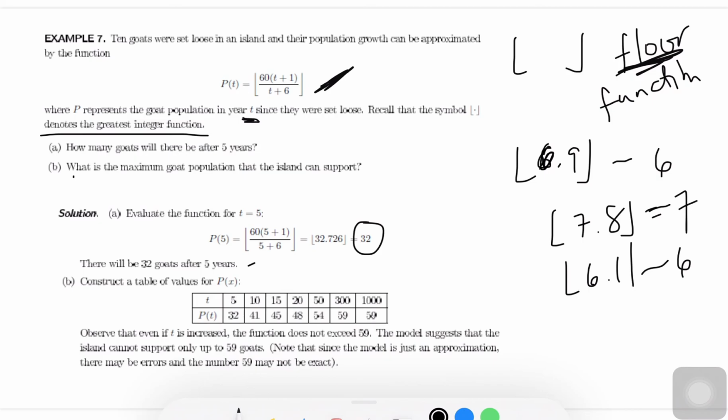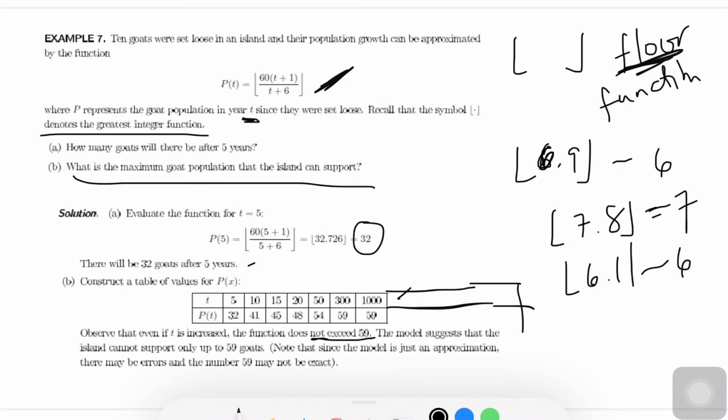Now, for letter B, what is the maximum goat population on that island? So let's use a table. We have the years. So you have this. You can continue 1,000, 2,000, 1 million, and so on. Observe that if t is increased, the function does not exceed 59. You can extend and see if it exceeds 59, but according to the observation, it does not exceed 59.